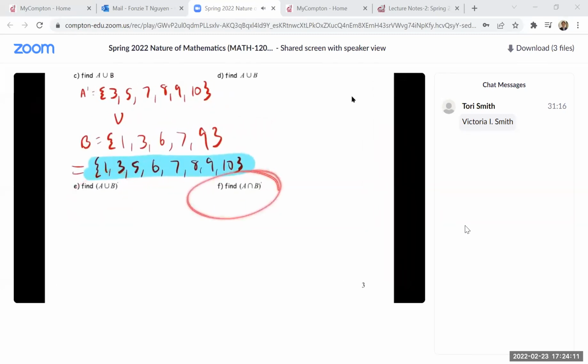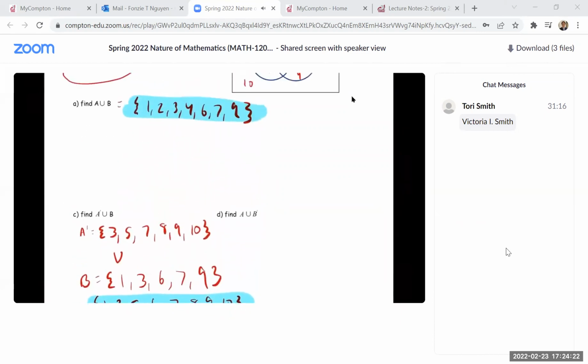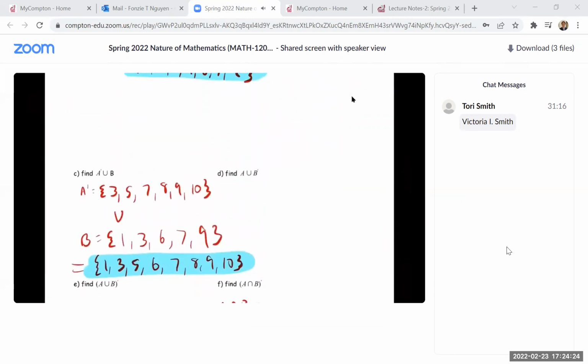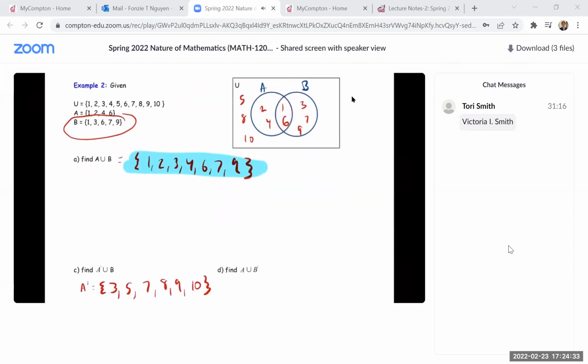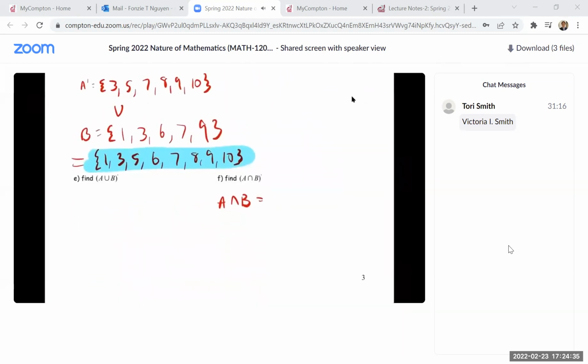Let's just do F. First we have to find the intersection of A and B, and then we take the complement after. So first, let's find A intersect B, which I think we already did. Oh, we didn't. Okay. You can just look at the picture and see what the intersection of A and B is. 1 and 6.